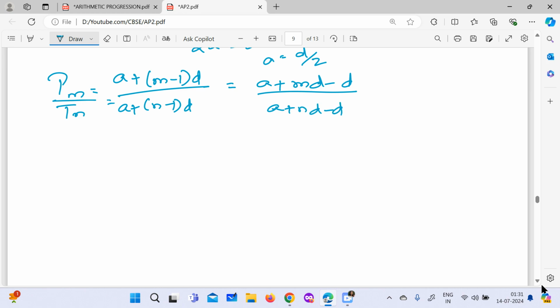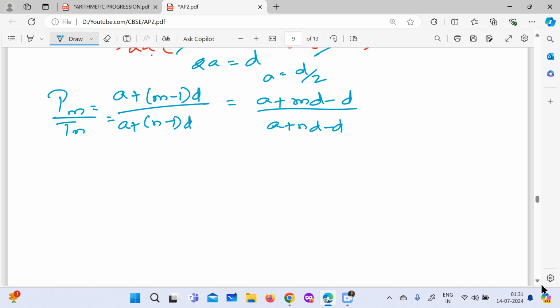So what we can do is solve it further. Here we got the value of d, that is 2a. So we can put it here.